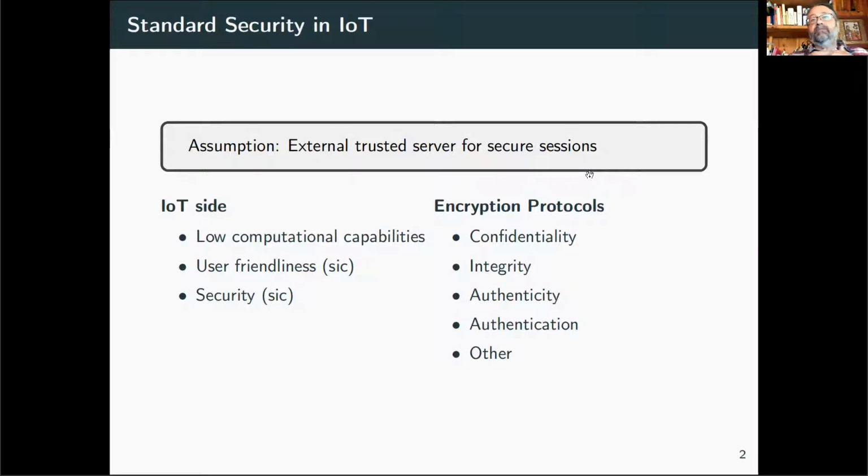But this needs, of course, lots of computational power. The IoT side has low computational capabilities, so more often than not, they cannot use their own architecture for performing adequate cryptography. It has to be user-friendly, and it has to provide the necessary security.